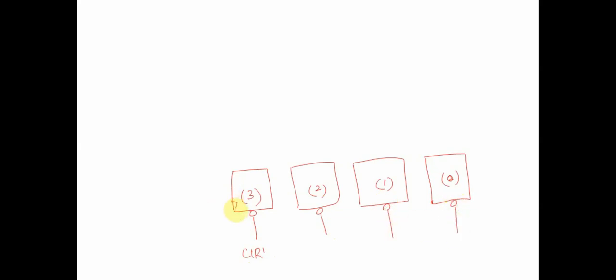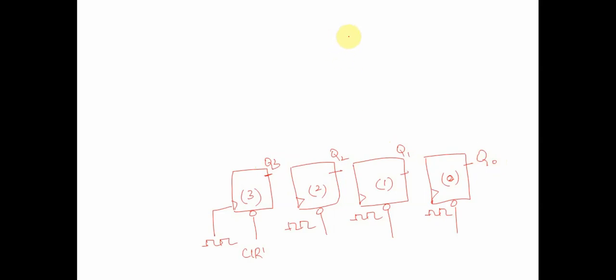Let's assume all of them have a proper clock connected to the clock input, right? And this is output Q3, this is output Q2, this is output Q1, and this is output Q0.